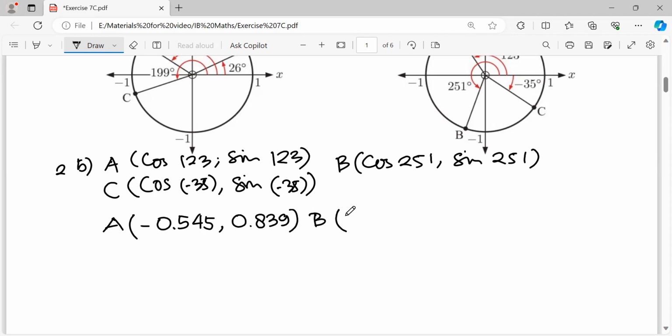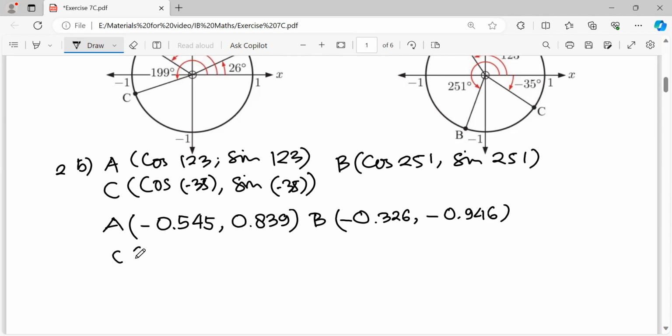B: cosine 251 is minus 0.326, comma, sine 251 is minus 0.946.